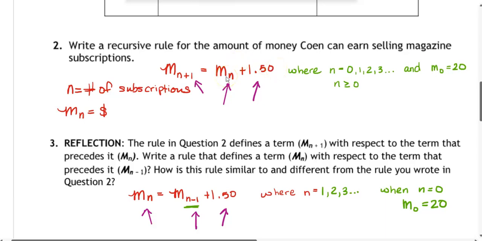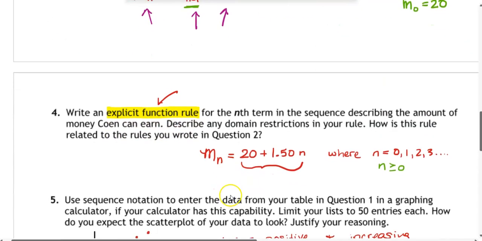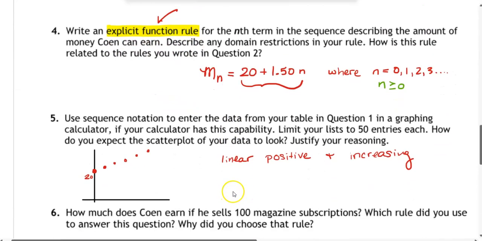Well, how would I find 99 subscriptions? I have to find 98, and 97, and 96, then 95. So you see, using the recursive functionality right here is not necessarily what we want to do. In this particular case, we'd want to use our explicit function.